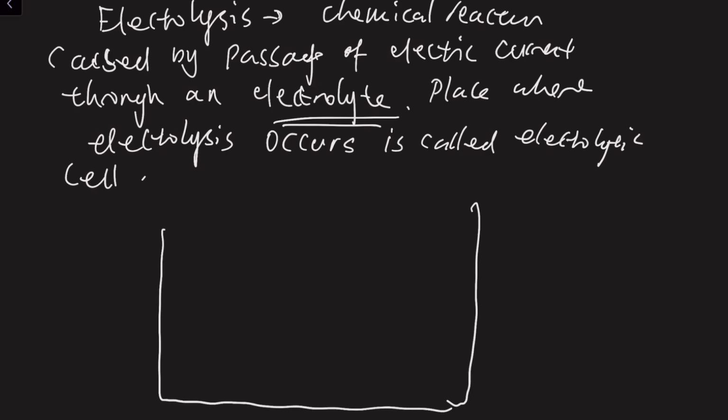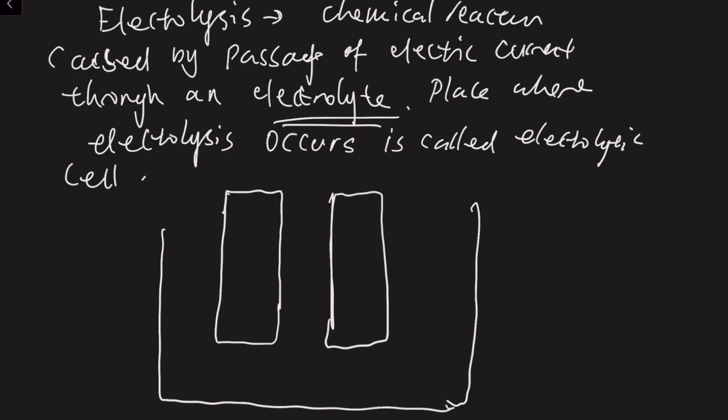Instead of 2 containers, we only have 1 container, because we are forcing a non-spontaneous reaction. So we don't need to worry about the reactants reacting with each other, since they would not react naturally. The only thing we need to be careful with is that we do not want the products to get into contact with each other.